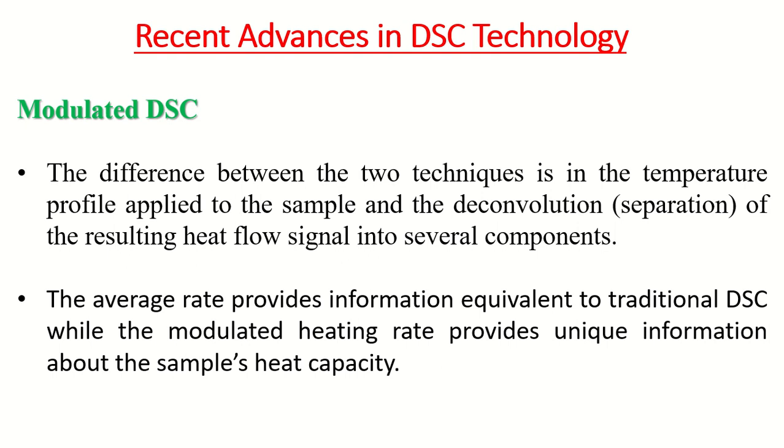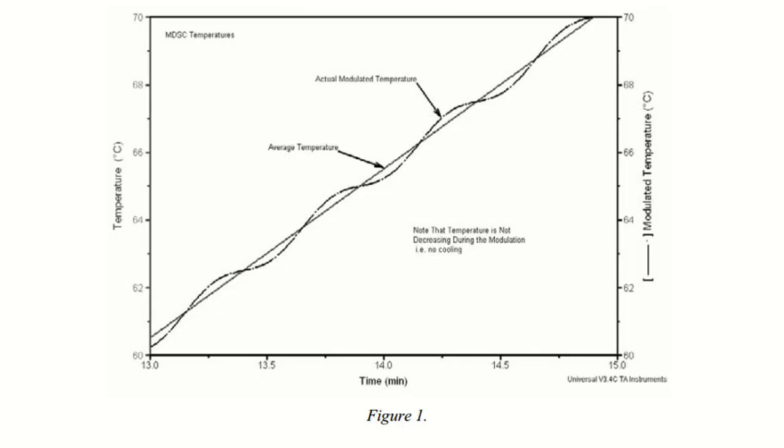The average rate provides information equivalent to traditional DSC, while the modulated heating rate provides unique information about the sample's heat capacity. Figure 1 shows how temperature changes with time in a modulated differential scanning calorimetry measurement. This is the kind of experiment we can see in this picture.